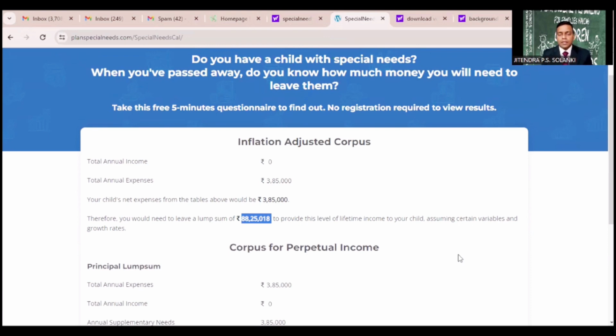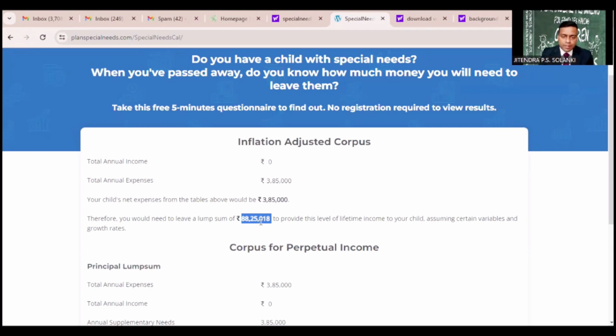That means I need to have 88 lakh today, which will ensure that even if something happens to me, this money can take care of my child financially. So the next legal guardian will have 88 lakhs plus the 30 lakh we have put in. That amount of money will be available for them, which can be in the child's name, in a private trust, or any provision you take.